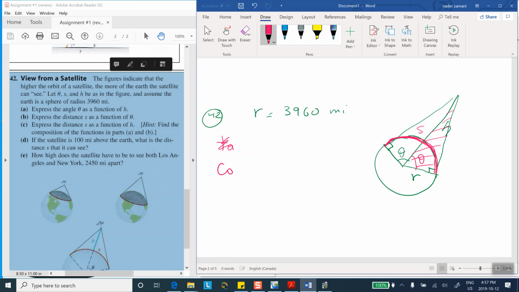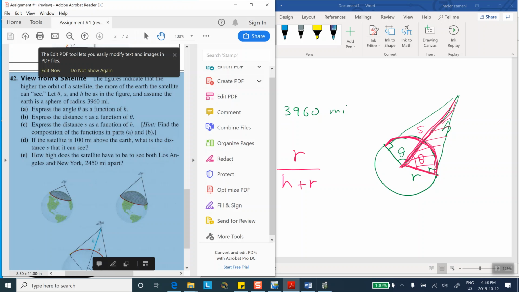Cosine of theta is equal to adjacent over hypotenuse. The adjacent side is the radius of the Earth, over the hypotenuse, which is right here. It is h plus r. Now what do we want here?